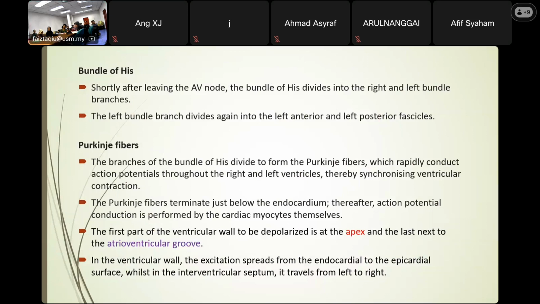Why? Why is the first part of the ventricular wall to be depolarized the apex, and the last the atrioventricular groove? Anybody? I want a good answer, because sometimes your answer can be close, but the exam wants the accurate terminology, the keywords.